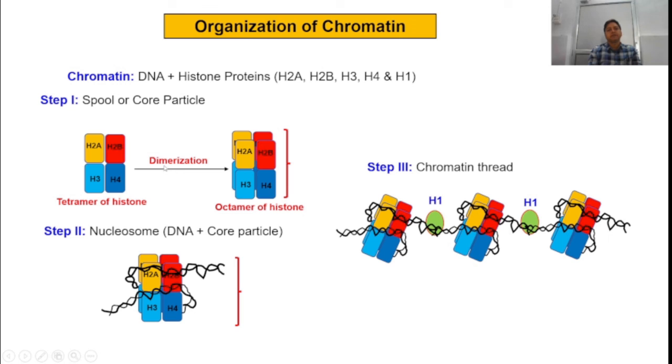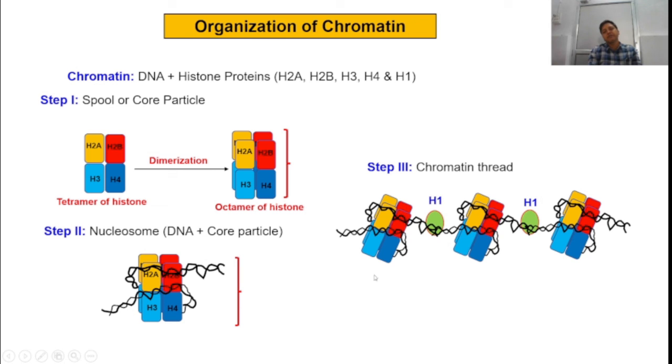When dimerization of these histone proteins takes place, they form an octamer of histone, and this octamer of histone is known as a spool or core particle. When the DNA is wrapped around this core particle, the structure is known as a nucleosome, and this is the structural unit of chromatin fiber.